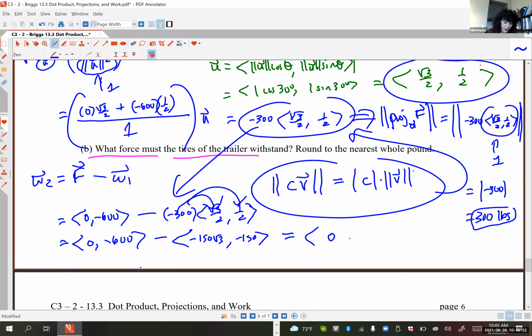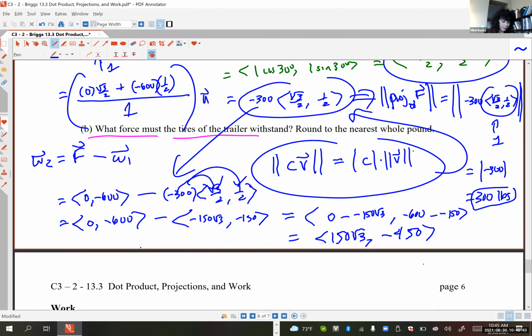So you're going to get 0 minus a minus, that's a plus, comma, and then negative 600 minus a minus 150. And then I get positive 150 square root of 3 for the first component, and for the second component, negative 450.